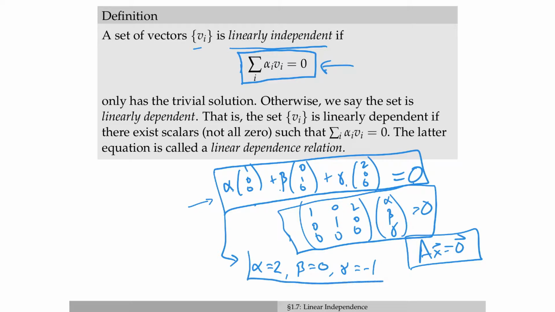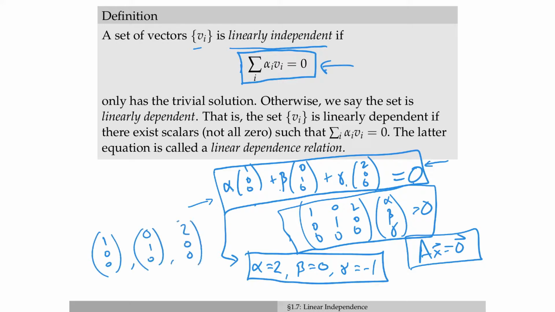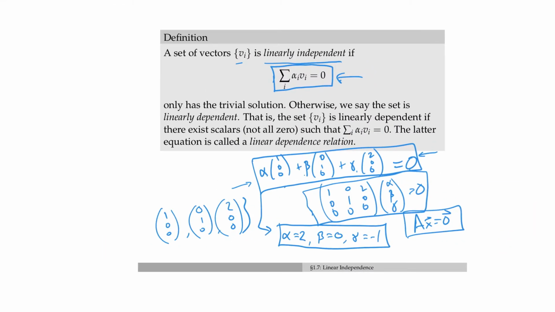So yes, indeed, this is a non-trivial solution. Therefore, the system where I form 1, 0, 0, 0, 1, 0, 2, 0, 0, this set right here is linearly dependent.